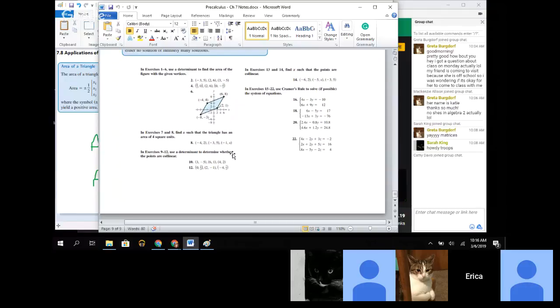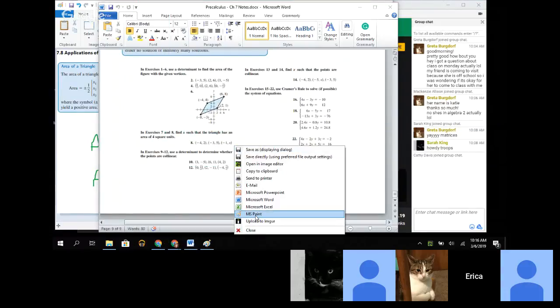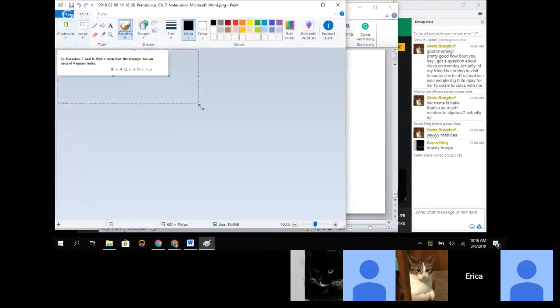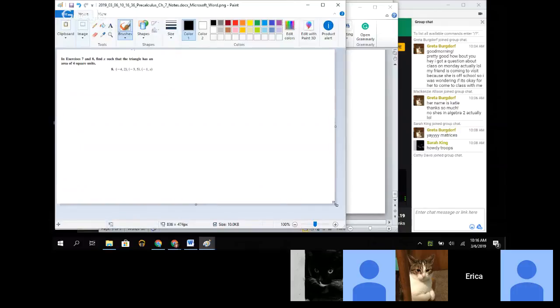So if you were trying to do number 8, how would you do number 8? What we could do is set this up using our matrix. We know that our area is 4 units, right?